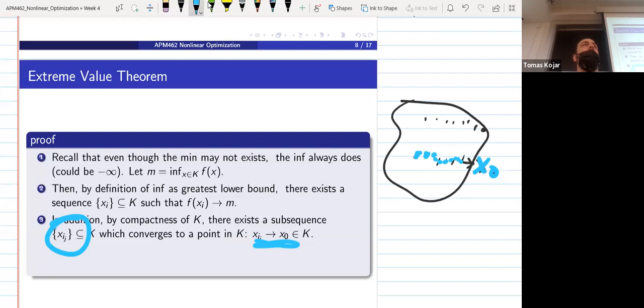Is that okay? This is theory that some of you have seen, but other people have not, and you don't need to know the proof. This is the extreme value theorem. You didn't prove this in second year because you need all this machinery. Okay, good.